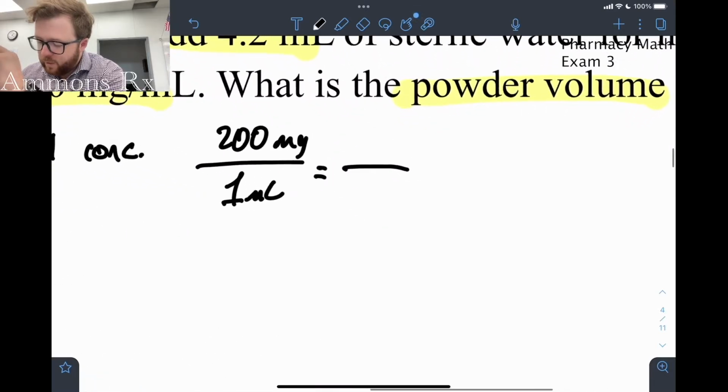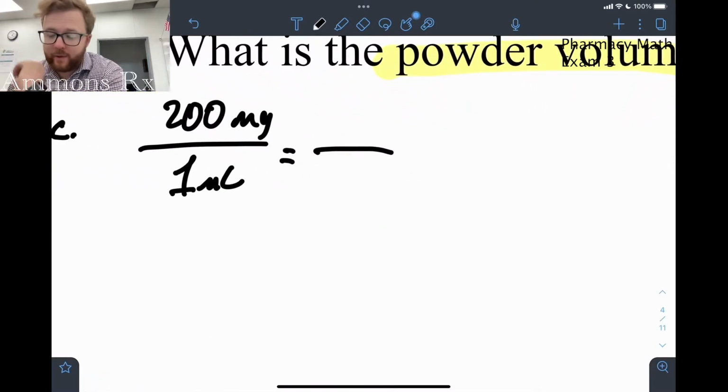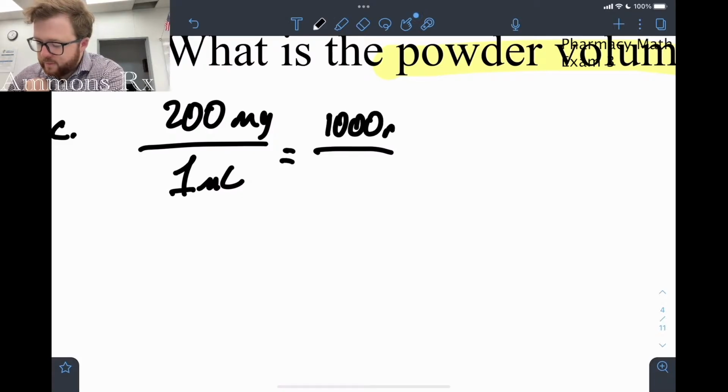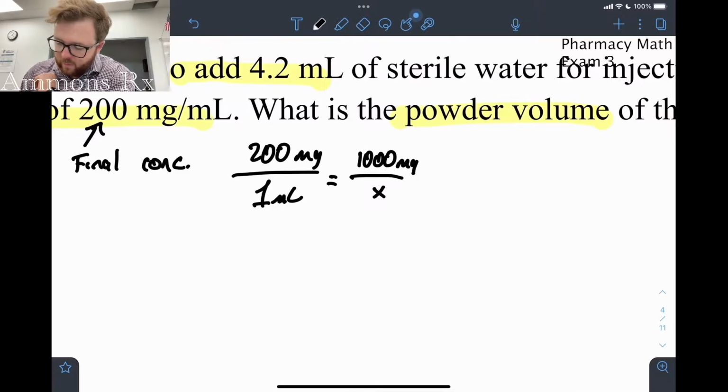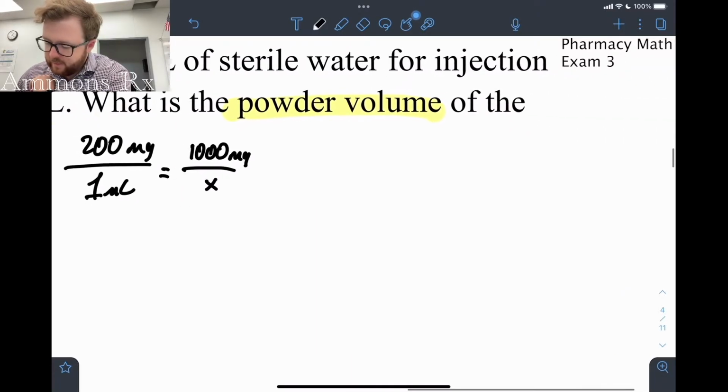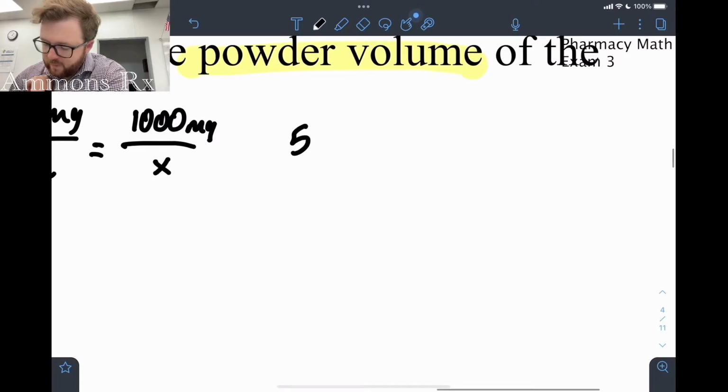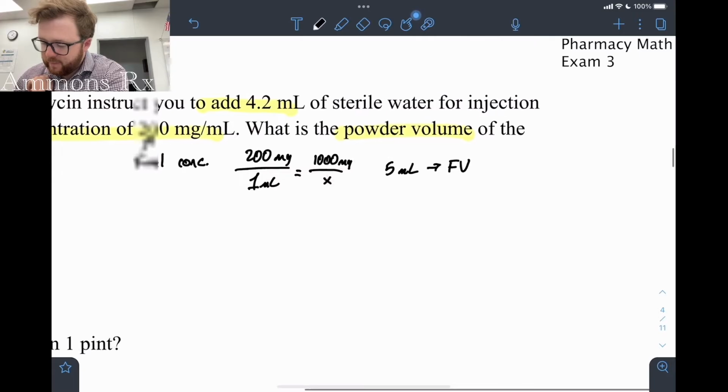We only have 1 gram, and 1 gram is how many milligrams? 1,000. So doing 1,000 divided by 200 is equal to 5 ml. That's our FV.